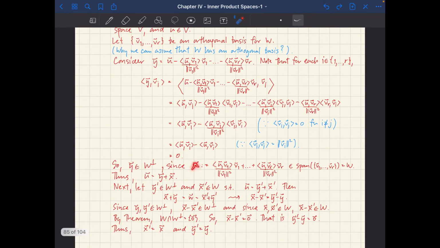We let the vector x be this vector, and we know that the vector x is in W. Why?